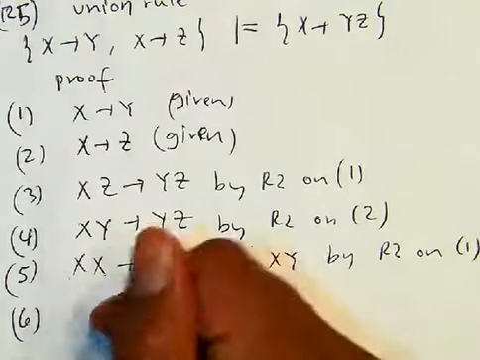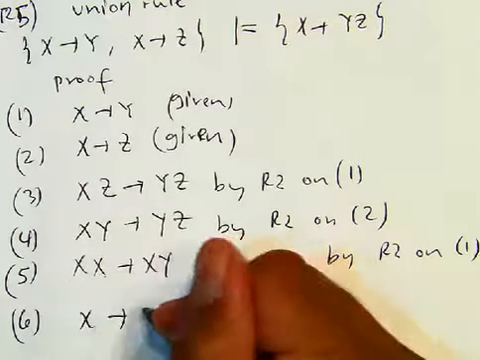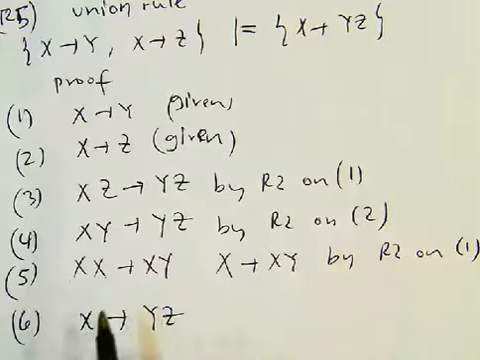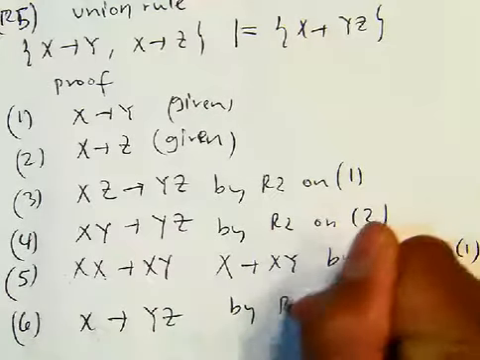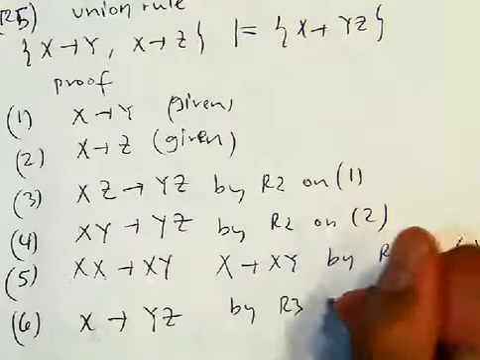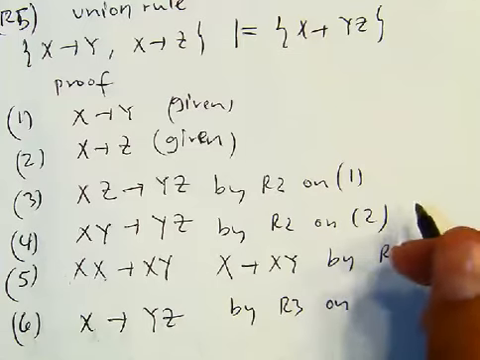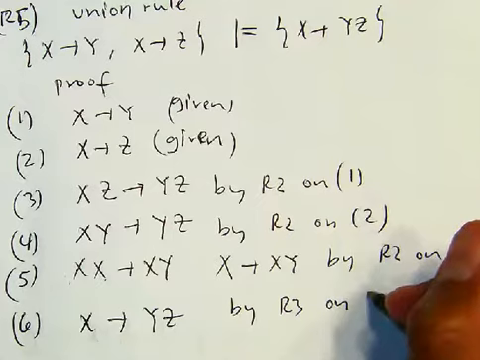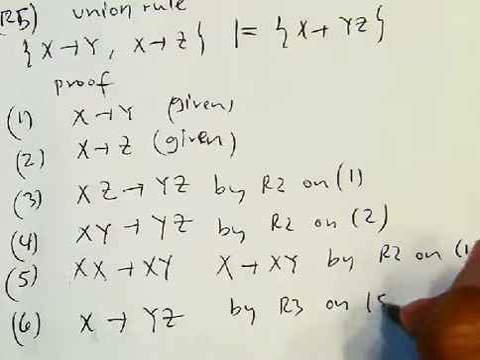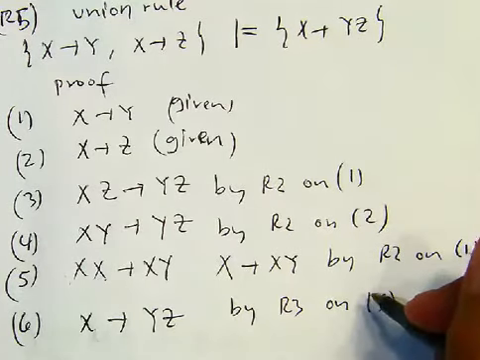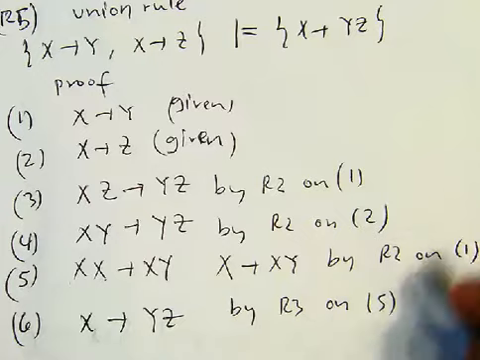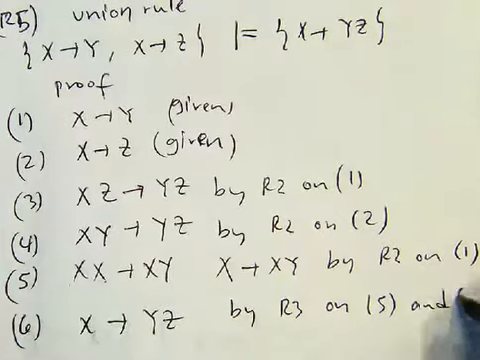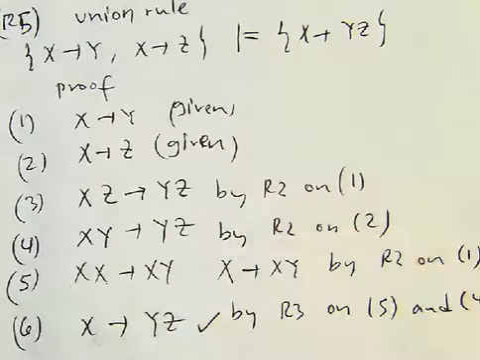So then we can say that X implies YZ, and this is by transitivity on 5 and 4. And this is what we wanted to prove.